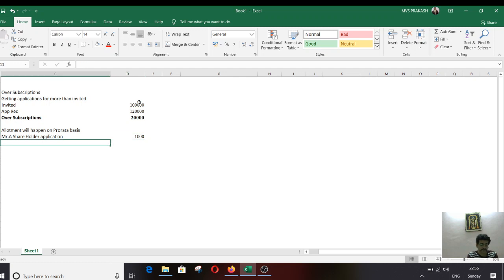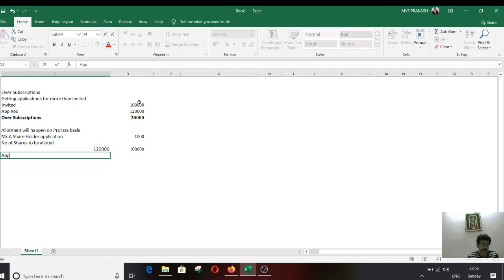So here let us find out the number of shares to be allotted. Applications 1,20,000, allotted 1 lakh. This is applied and this is allotted. This person has applied for 1,000.